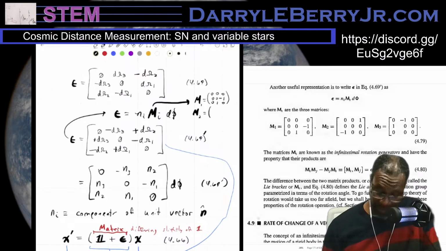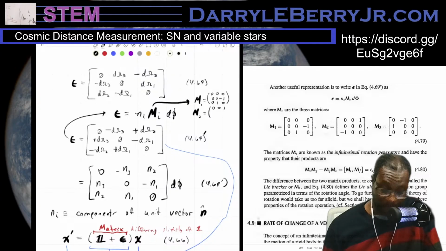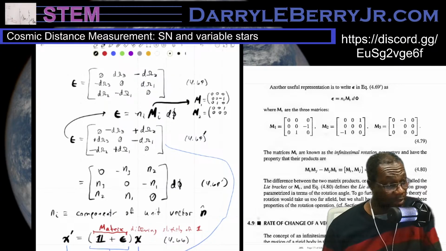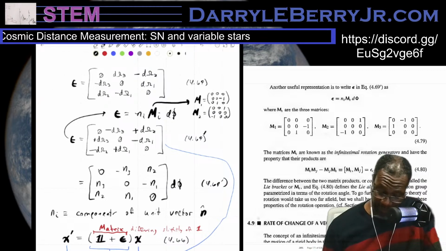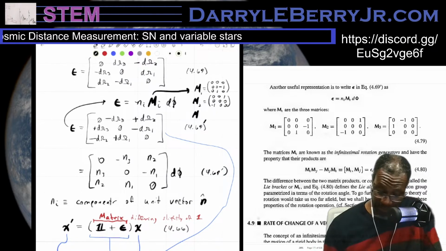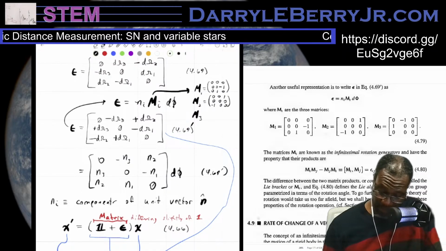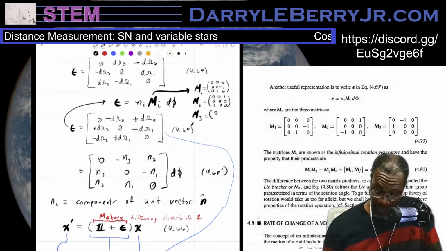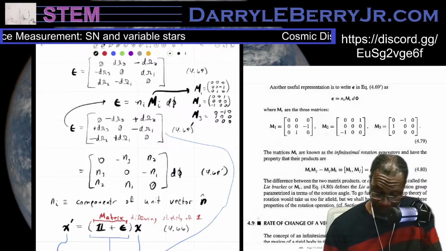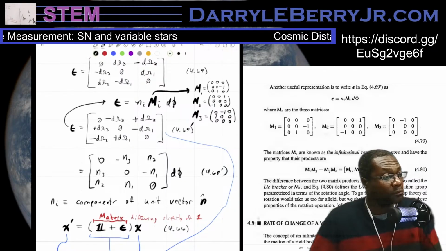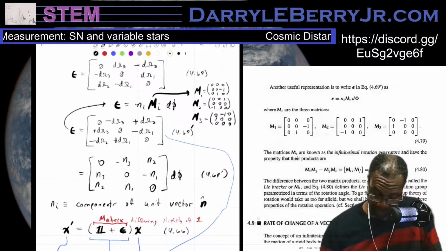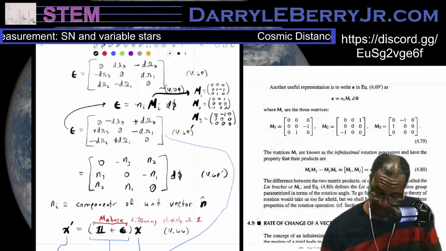M2 equals 0, 0, 1; 0, 0, 0; negative 1, 0, 0. And M3 equals 0, negative 1, 0; 1, 0, 0; 0, 0, 0. That's 4.79.